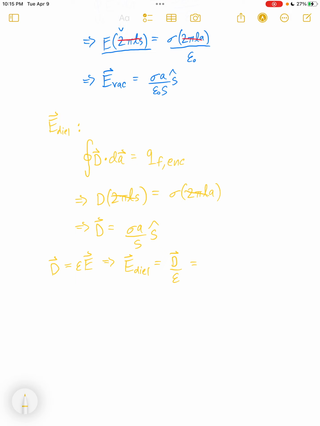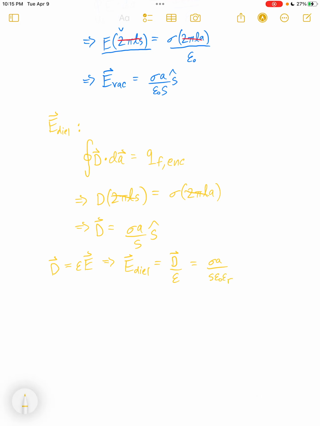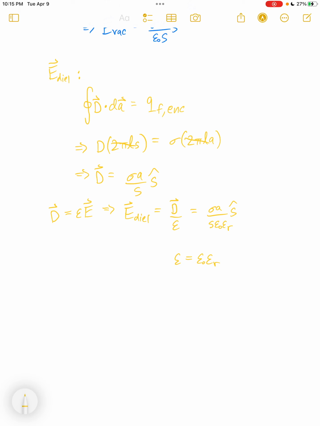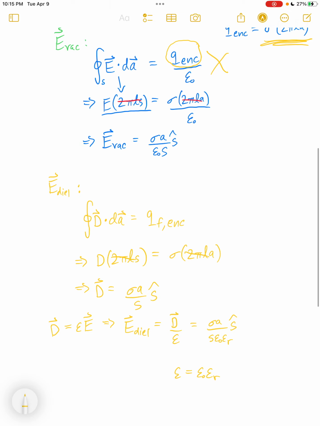And I can write this like so, because we know that epsilon is equal to epsilon 0 times epsilon r. Okay, so I have both fields that I need.